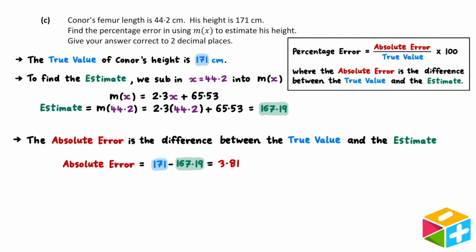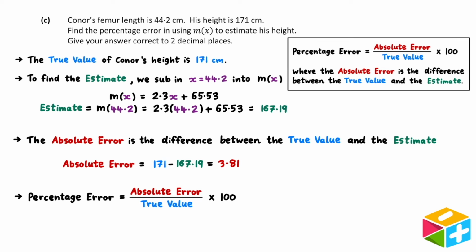Here, our absolute error is 171 minus 167.19, which is 3.81. Now that we know the absolute error and the true value, we can calculate the percentage error by subbing these values into the formula.